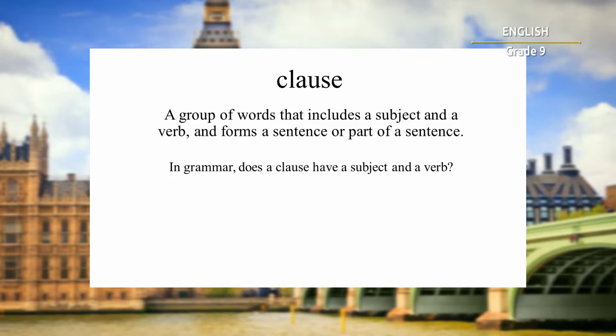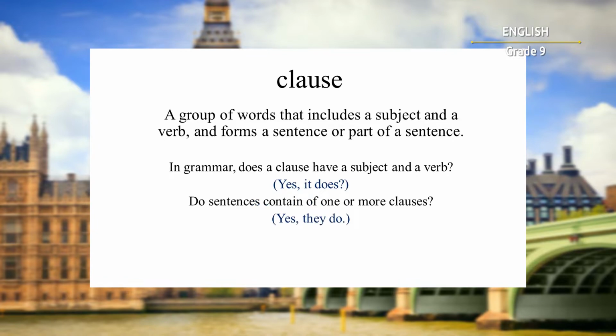In grammar, does a clause have a subject and a verb? Yes, it does. Do sentences contain one or more clauses? Yes, they do. Listen, clause. Repeat after me, clause.